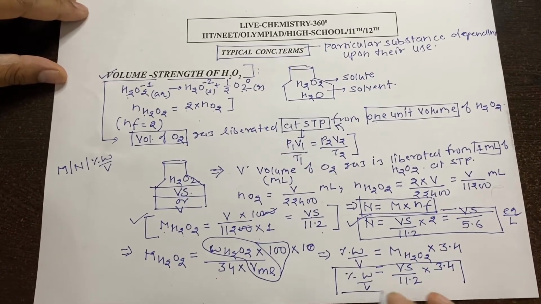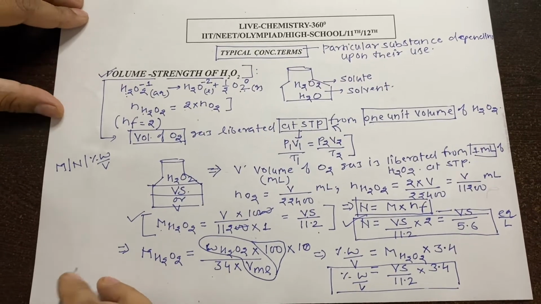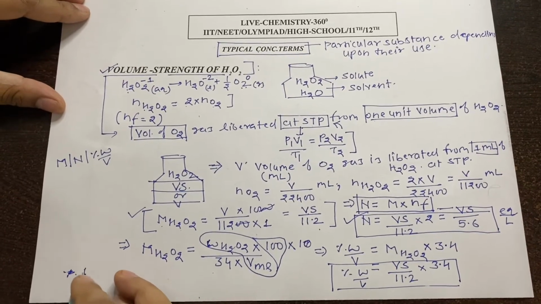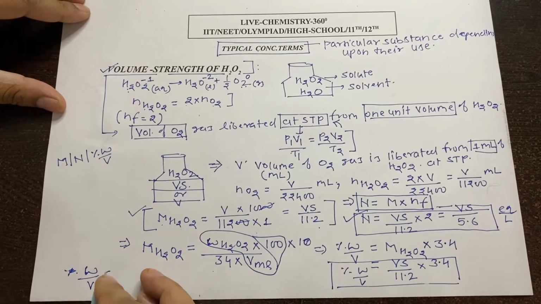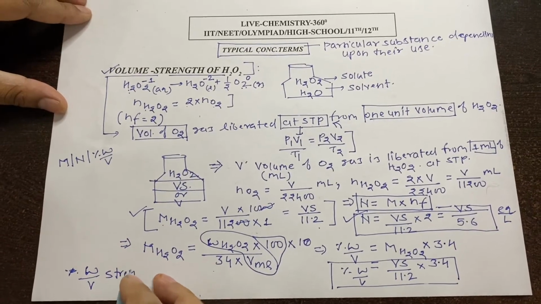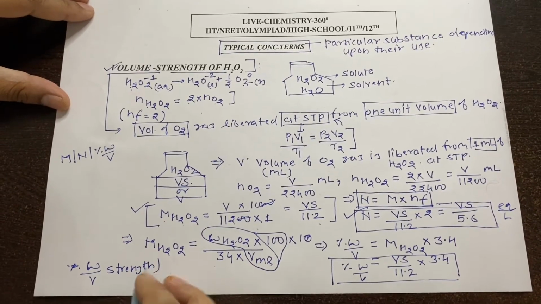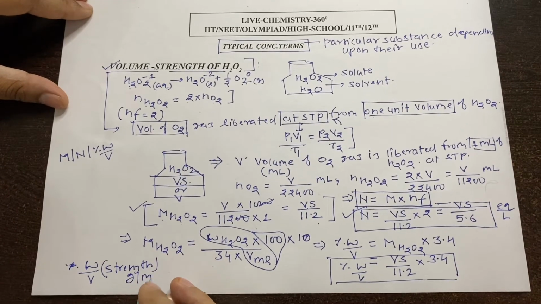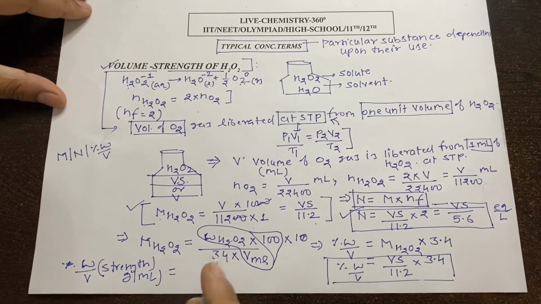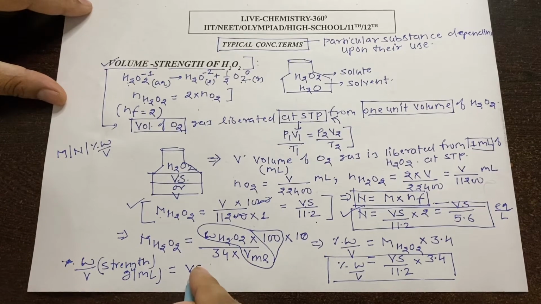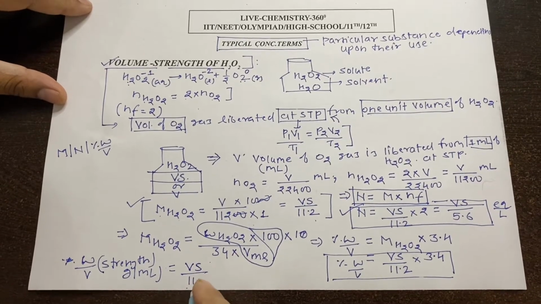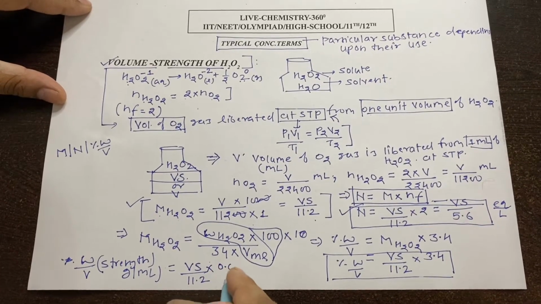In a very simple way, we can also calculate the strength in gram per ml, which will be equal to volume strength upon 11.2 into 0.034.